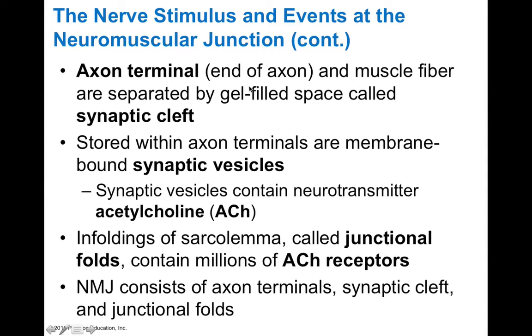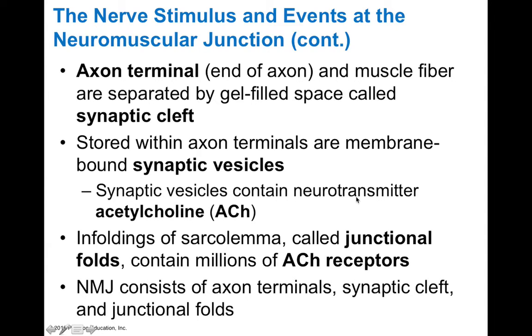The axon terminal is the end of the axon, the end of that long filamentous extension of the somatic motor neuron. The axon terminal is separated from the muscle cell by a very narrow space called the synaptic cleft. Within these axon terminals, synaptic vesicles store a lot of neurotransmitter called acetylcholine.